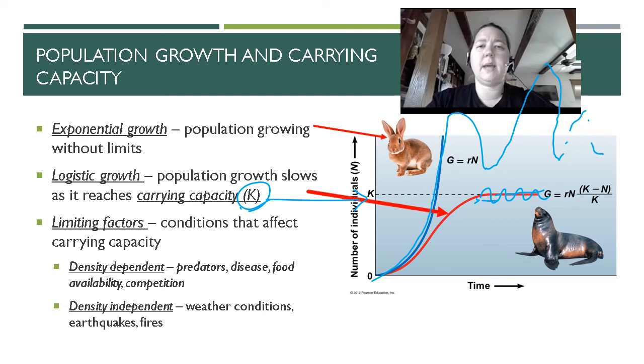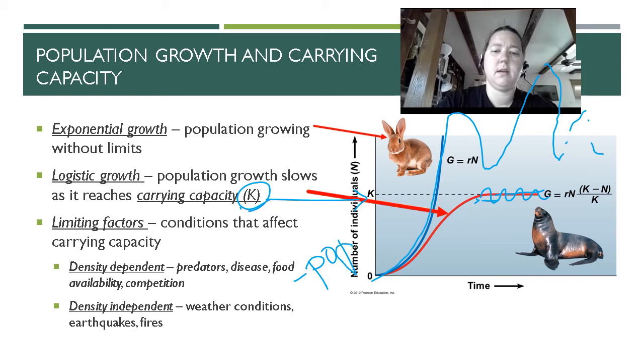There are two types of factors. So a limiting factor is anything that can limit that carrying capacity. They can be density dependent, so they rely on the predators, or they rely on the population density, or density independent, where they don't rely on the population density. So population density is very important, okay?